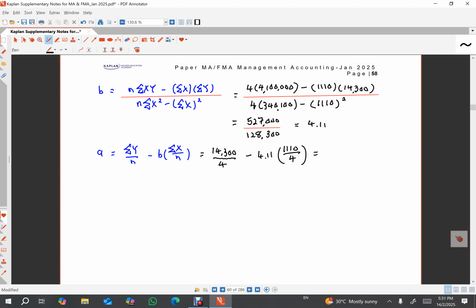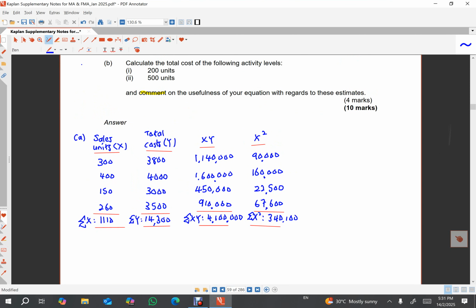So A is 2,434. Therefore my regression line is y equals A plus Bx. That's the regression line, and we can use this to predict cost now. That's the first part.